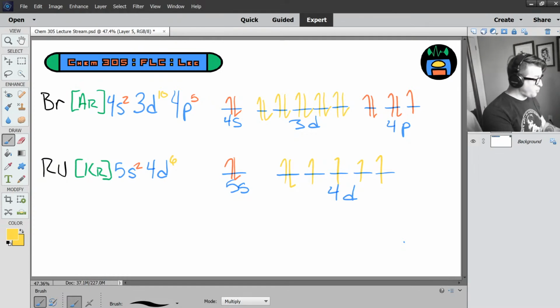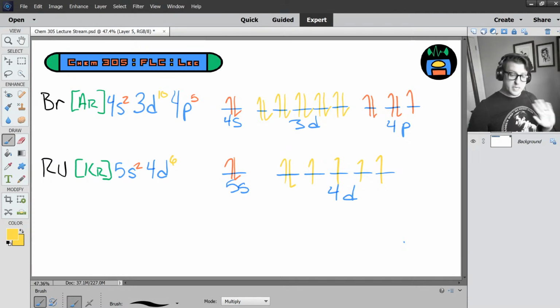But what is important, and I think this might be what you're getting at, is what we can say about both bromine and ruthenium is they have unpaired electrons. And that makes them radical species.